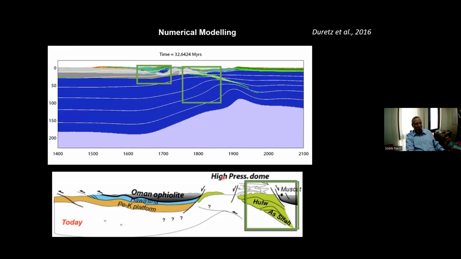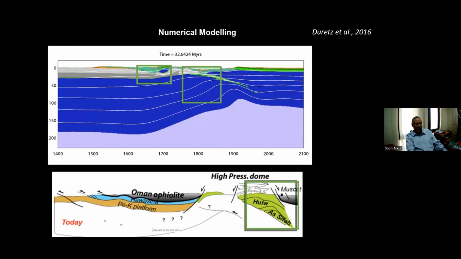This is the subduction zone where we have the high pressure dome and the Saih Hatat dome area, where we can see the eclogite in the Sifah area, high pressure eclogite indicating a pressure of around 25 kilobar. That means a depth of more than 70 kilometers. We have the Oman Ophiolite here at the top. Below it, we find the deep sea sediments, Hawasina, which are all obducted over the Precambrian Arabian platform.